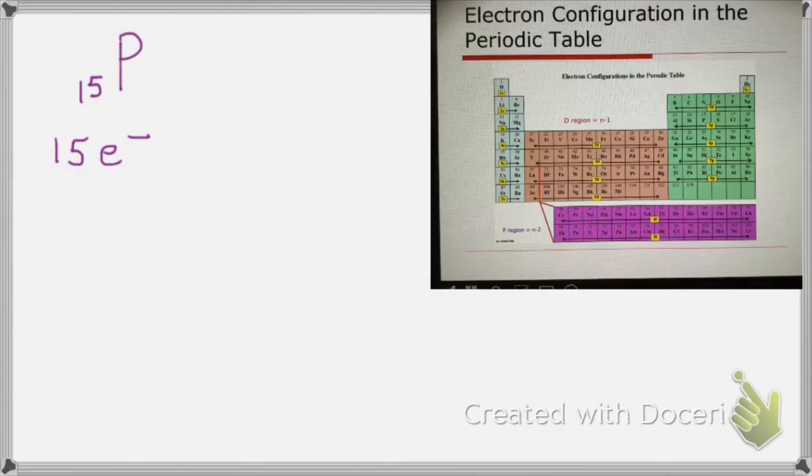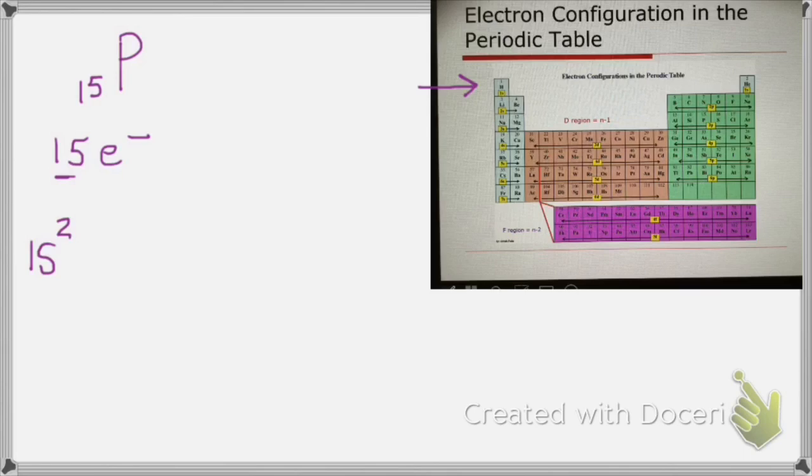Let's write an electron configuration for phosphorus. Phosphorus is number 15 on the periodic table, so that means a neutral atom would have 15 electrons. So that's how many electrons I need in my electron configuration. I'm going to follow my low to high energy Aufbau principle, starting with our first orbital. So that would be 1s. That can hold a maximum of 2 electrons. I need to account for 15, so I'm going to put 2 electrons in there.